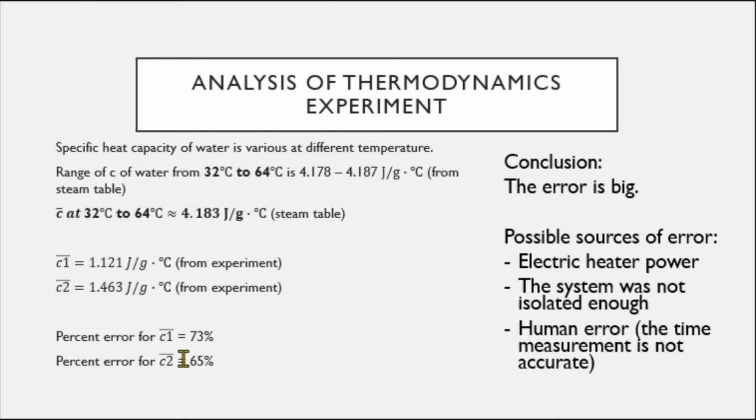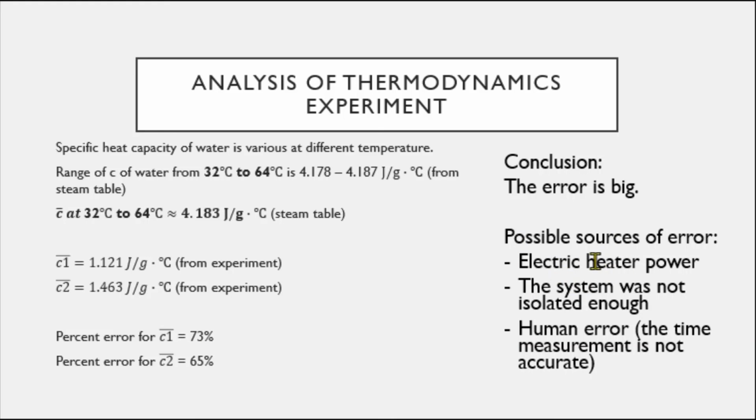And for C1, the percent error is 73%, and for C2 the percent error is 65%. And the conclusion is the error of specific heat capacity of water is big.